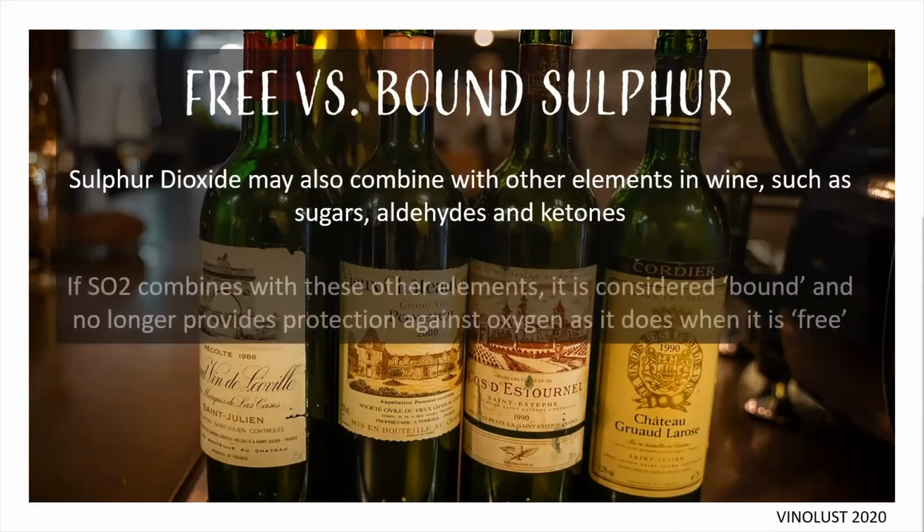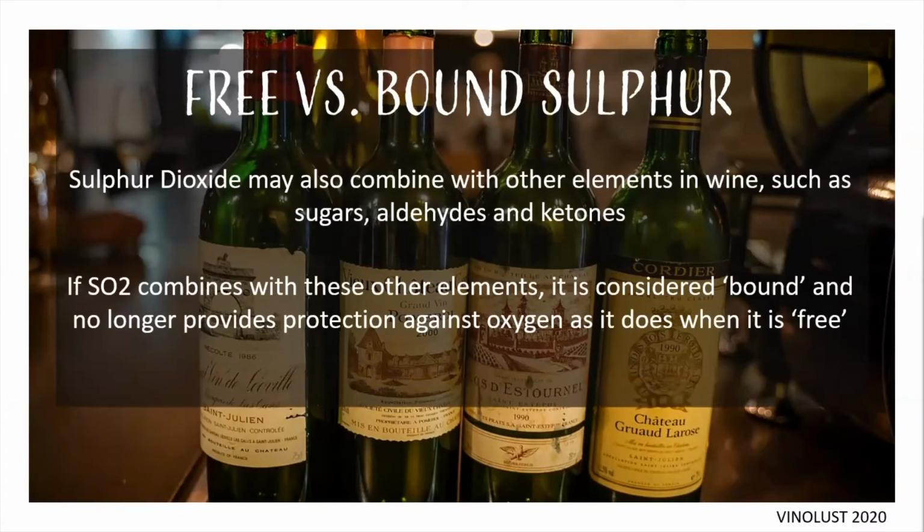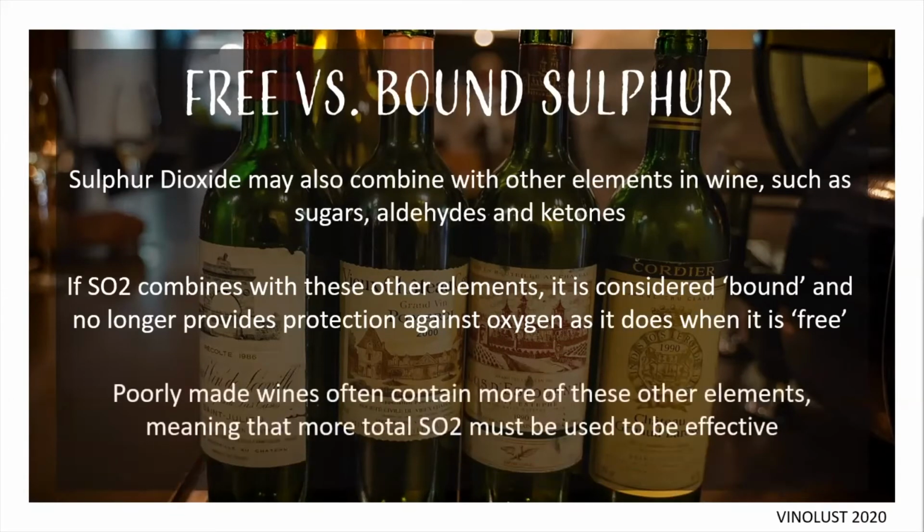If the SO2 combines with them, it binds, and that SO2 is no longer able to take that oxygen molecule out of the picture, which means it's basically useless, right? So if you have a lot of these other elements in there, you end up with a lot of bound sulfur dioxide and not a whole lot of free sulfur dioxide.